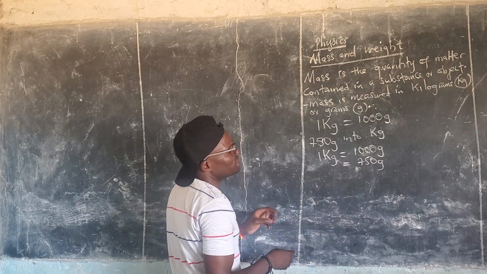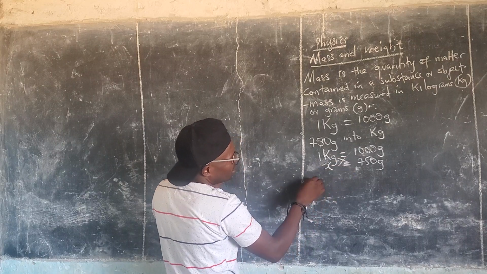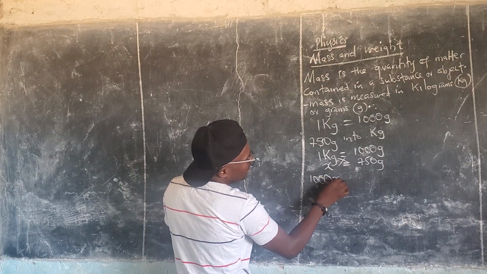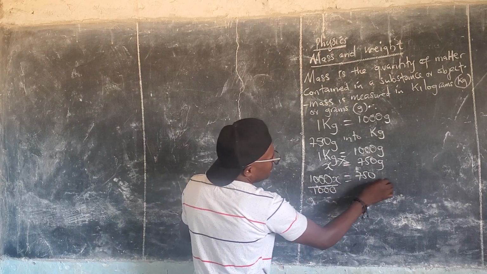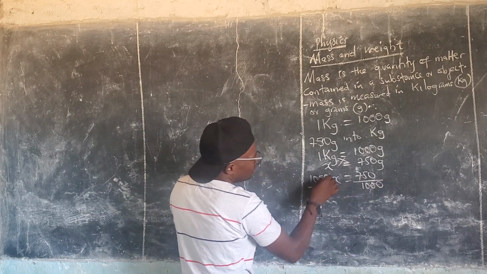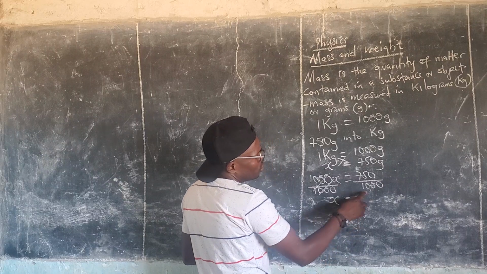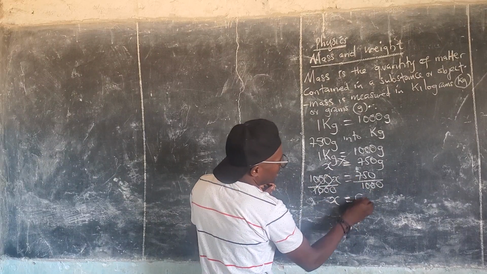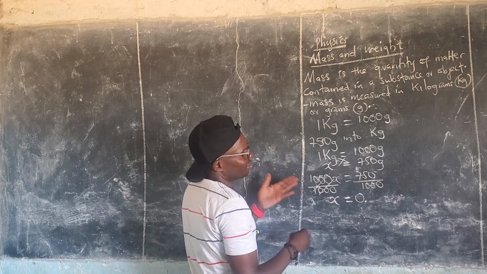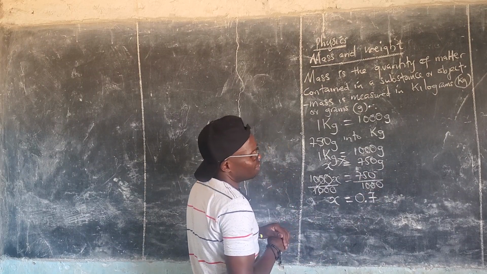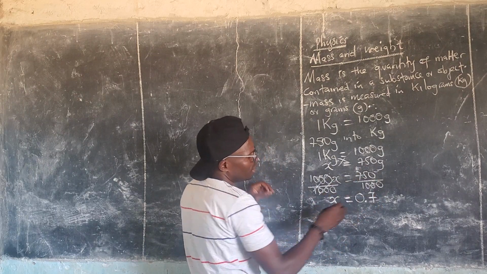But do you know how many kgs are in 750 grams? No, we put x. Then from there we can cross multiply, which means we have 1,000x is equal to 750. We divide by 1,000, we also divide by 1,000, so that this and this cancel out. So we have x is equal to 750 divided by 1,000. 1,000 into 750, it can't, so we put a point and add a 0. 1,000 into 7,000, it's 7, remainder 500. 1,000 into 500, it cannot, we add a 0, then we get 5.